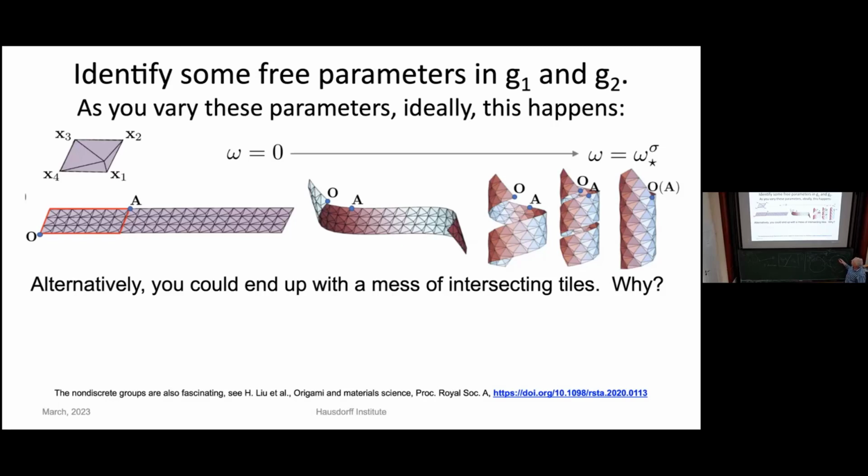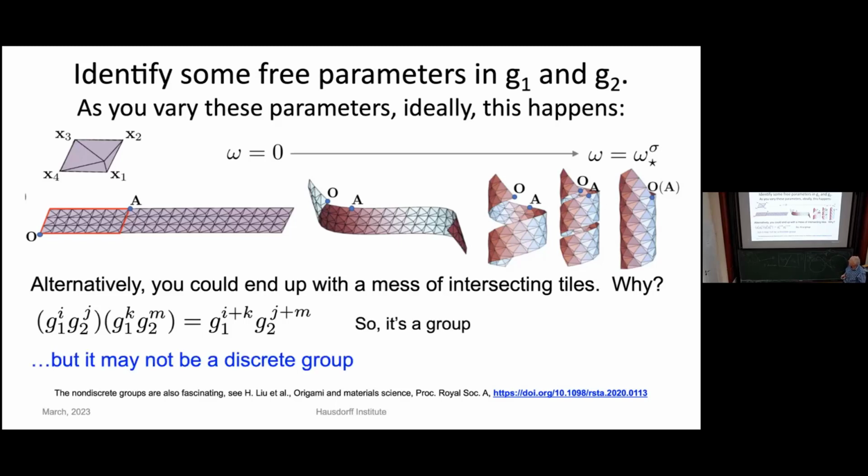Alternatively, you might not get this. It still will have a nice beginning, but when it all comes together, you might get some mess of intersecting tiles. But that's actually related to something very well known. In fact, it's an abelian group, so there's no problem about that, but it might not be a discrete group.